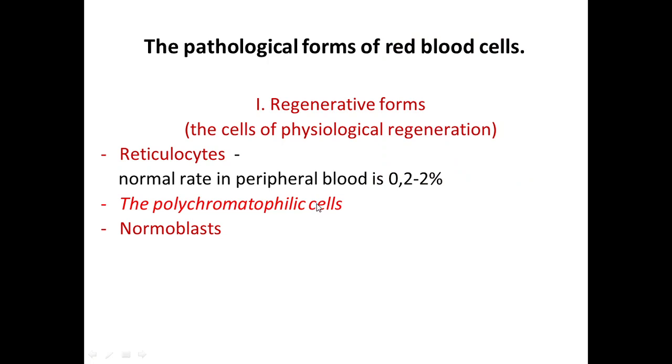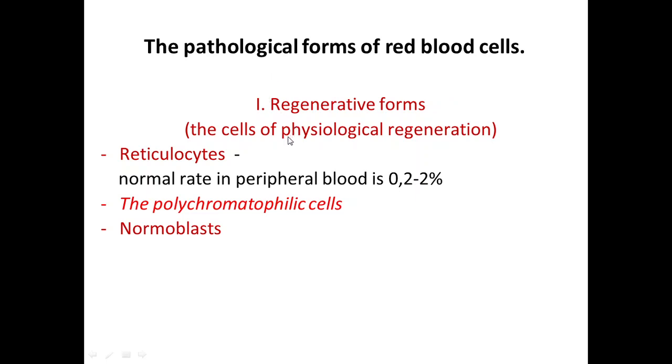The next question is about pathological forms of erythrocytes. Abnormal forms of erythrocytes, which are found in a peripheral blood smear, can be divided into regenerative forms and degenerative forms.